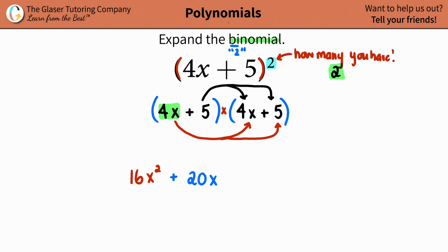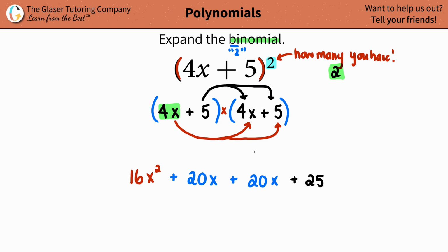Let's go for it. 5 times 4 is another 20, so plus 20. This has no x value, that has the x, so the x just comes along for the ride. Notice how I put it in the same color blue because they're both just x values. And now 5 times 5 is 25.